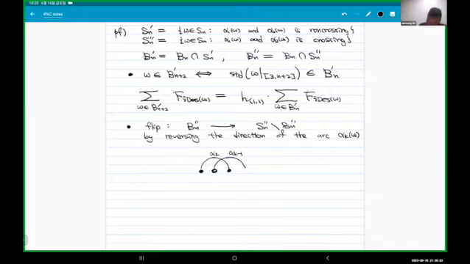So for example, like 3 and 5, so it's 4. If you swap 3 and 5, the inverse descent does not change because 4 is not between them. So what I have said is that the inverse descent of W is equal to the inverse descent of flip of W.